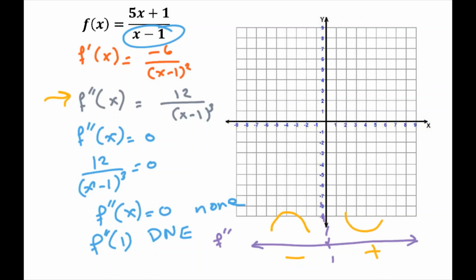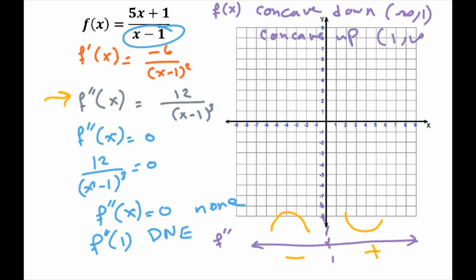Now, if we put all together, we can say the function of x is concave down first, I like to take it from the left, from negative infinity to 1, and concave up from 1 to infinity.